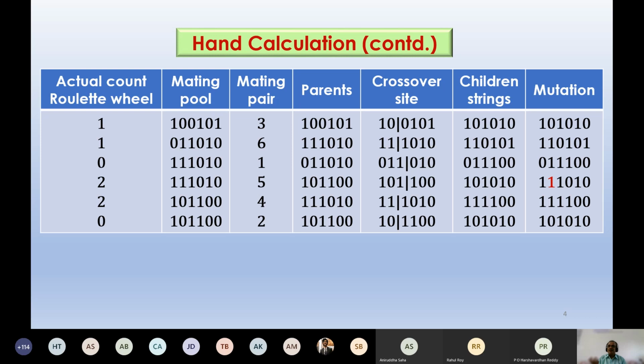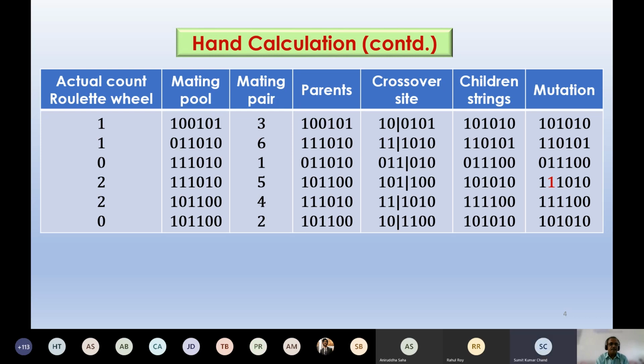You do not know where it stops. If it stops in front of F1, F1 will be selected. Now, if the area of F1 is more compared to that of F2, the probability that F1 will be selected, definitely it will be more. So this is the way we determine.